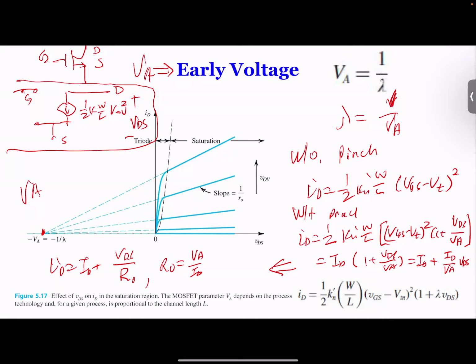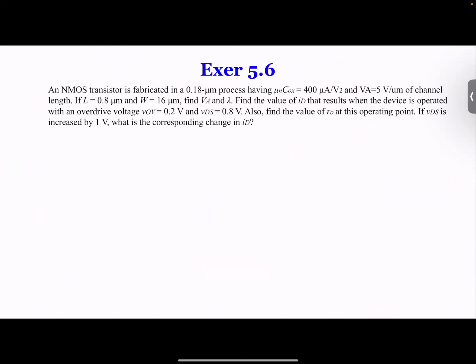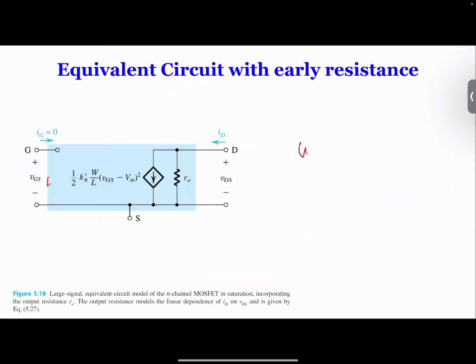What can you do now? Well, instead of that equation, we can write it, and it's already here, so I don't have to draw it. So the initial current is ID plus VDS divided by RO, which is the current over here.